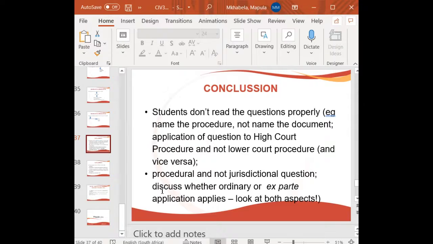It is important, ladies and gentlemen, to read your questions very carefully in order to provide a clear understanding of your readings, and also to be marked correctly.